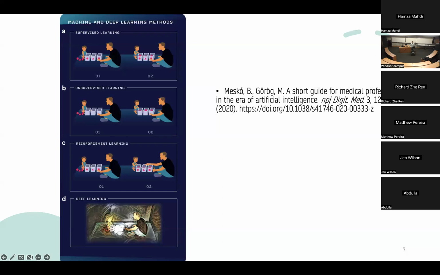And then you reward or punish the AI based on how correct their action is. That's essentially what reinforcement learning is concerned with. Reinforcement learning is more so used in robotics nowadays, but can have potential in the future for making clinical decisions in the real world.